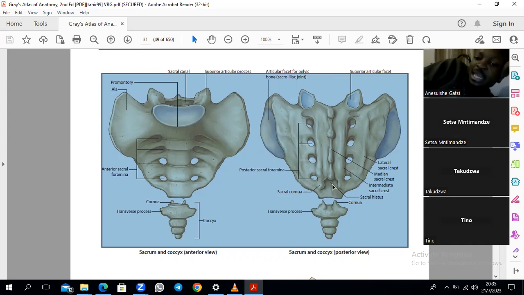And rarely S4 is also involved. So the sacral hiatus is where there's failure of fusion of the laminae of S4, resulting in that gap there. It can be S4 or S5, but more commonly S5.